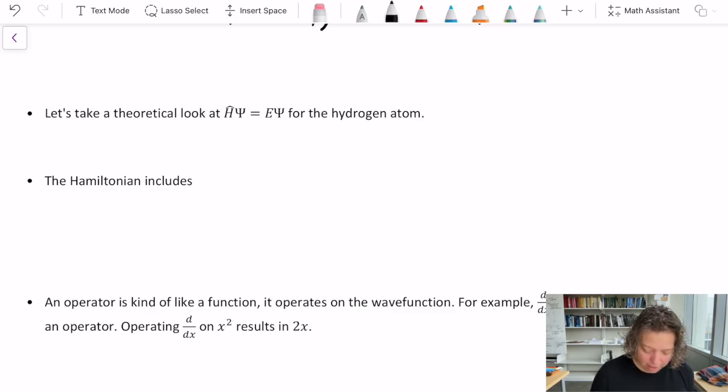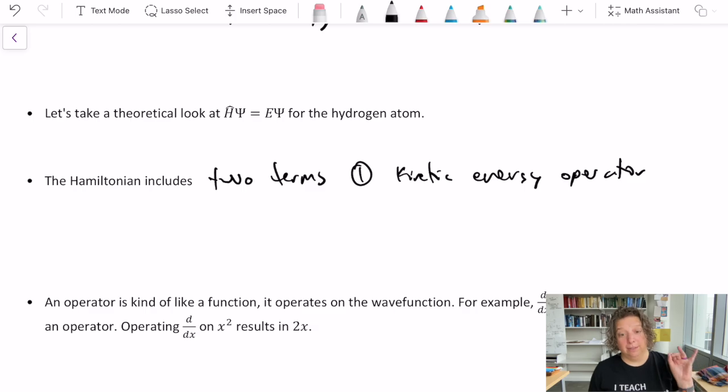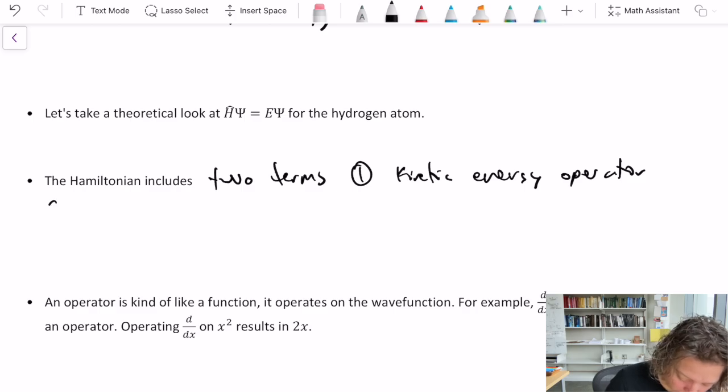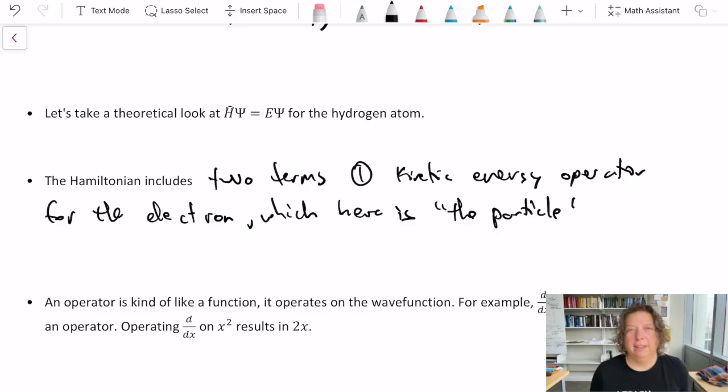Okay, so the Hamiltonian is going to include, for the hydrogen atom, it's the simplest system, so it's going to include two terms. One is going to be the kinetic energy operator, and that's going to be for the electron, so that kinetic energy operator is operating on the electron, because it is the particle in this problem.